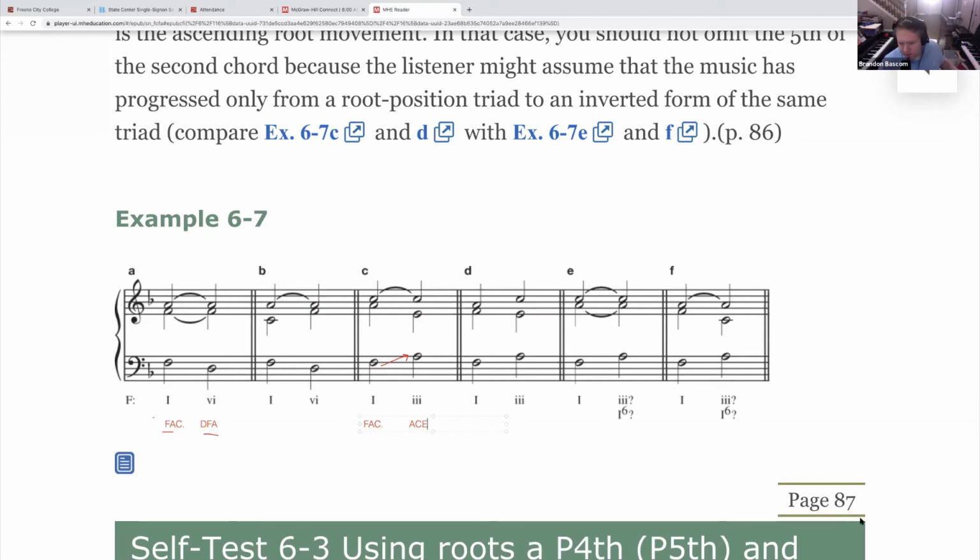So in this example, they were sure to not omit the 5th, which is the E. We have our E right there. And in example D, again, they're sure to not omit the 5th. Same notes, FAC, ACE. It sounds like this.